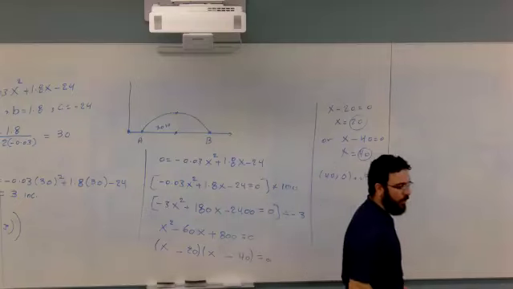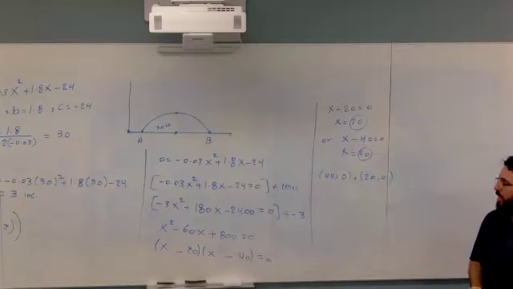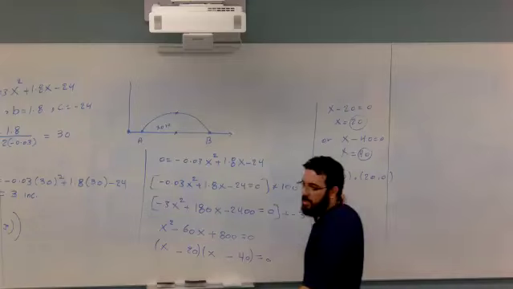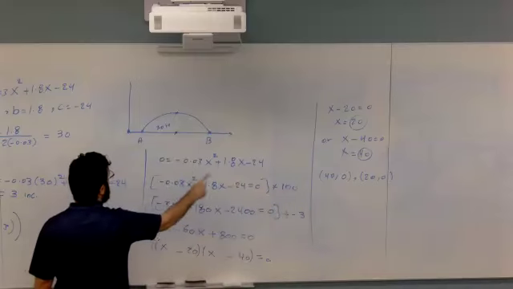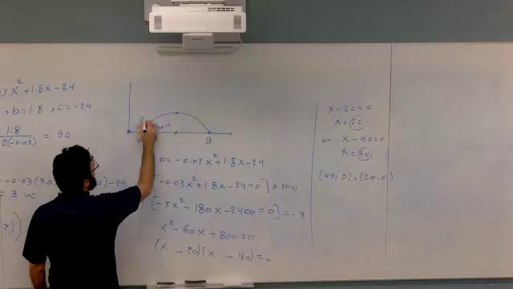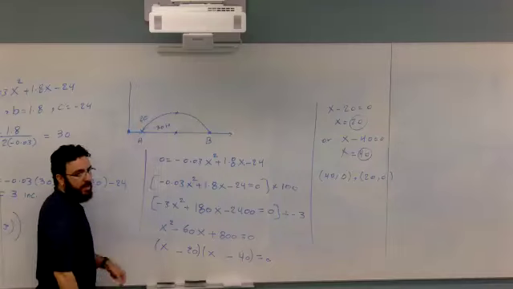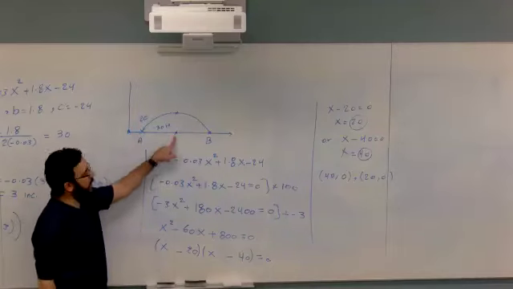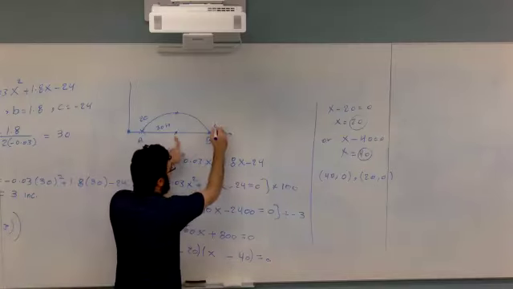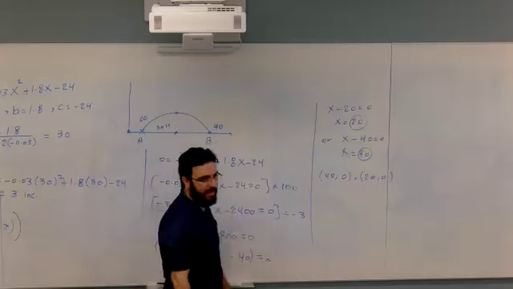Can you tell now on the graph? This makes sense. So check here. The first x-intercept, the 20, 0, is going to be here. This is the point 20, 0, right? And check, the middle point is what? 30. The last x-intercept is what? That's it.